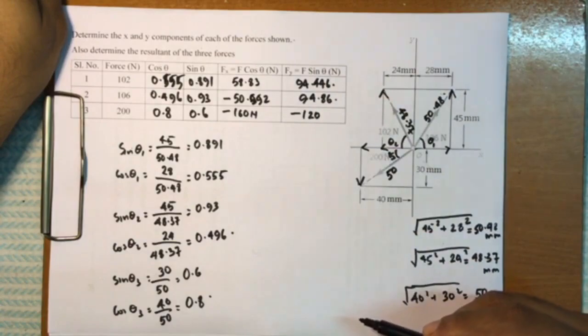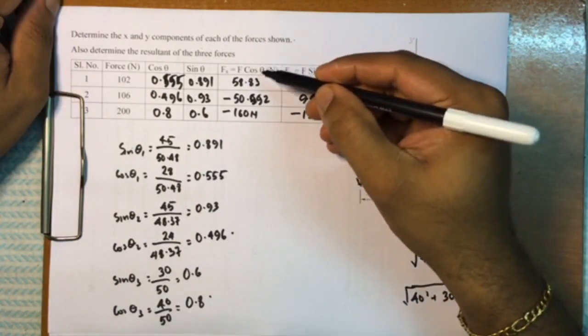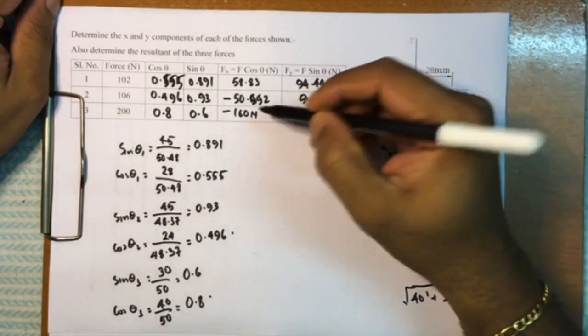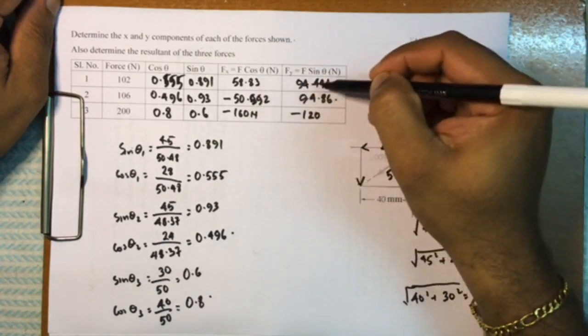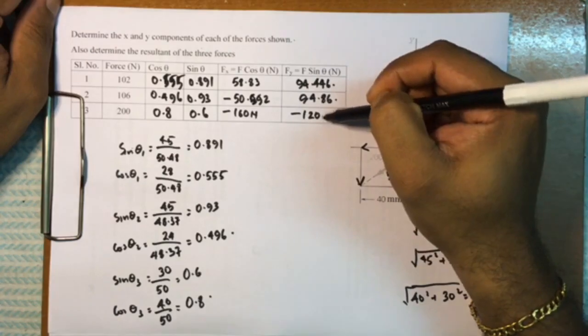Now coming to the resultant of these three forces. Determining the resultant of these three forces becomes quite easy. All that we have to do is add the x components and add the y components separately.